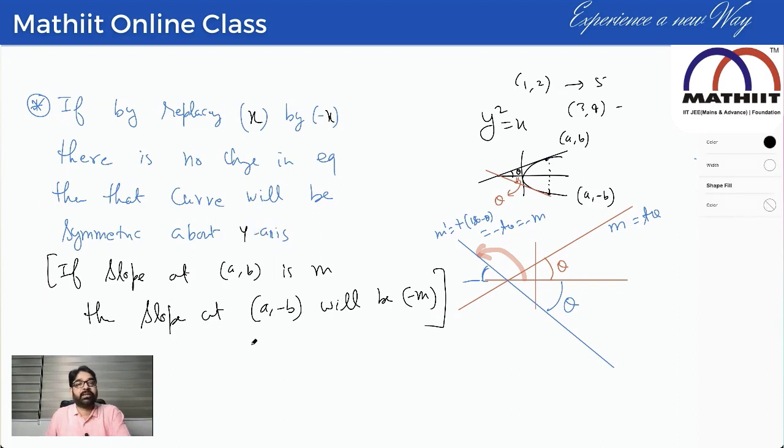If the slope at a comma b is m, then if you take the reflection of a comma b with respect to y-axis, that will be minus a comma b. Be clear. So if the slope at a comma b is m, then the slope at minus a comma b will be minus m. The logic is the same. You can draw a picture and you can see the same thing will come. I hope it's clear to everybody.